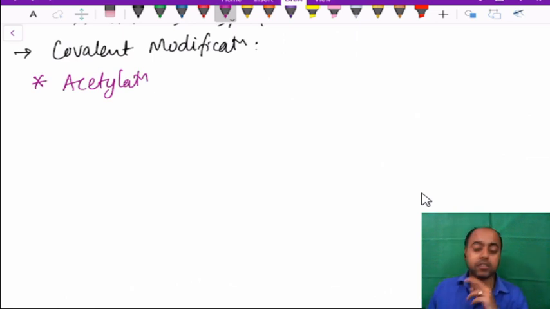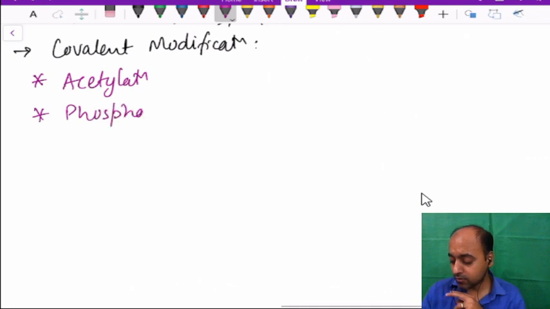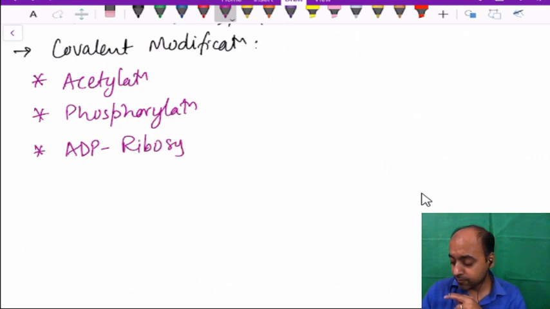In addition to that, we can have the phosphorylation. We can have ADP ribosylation.